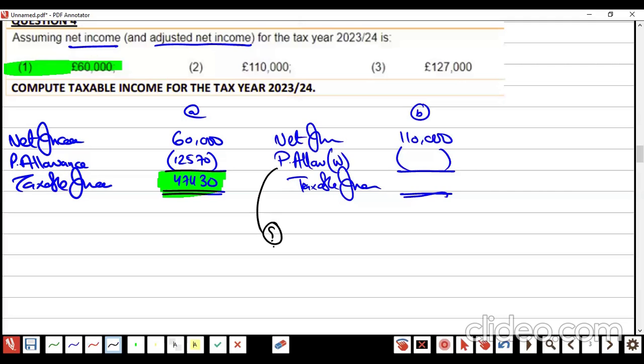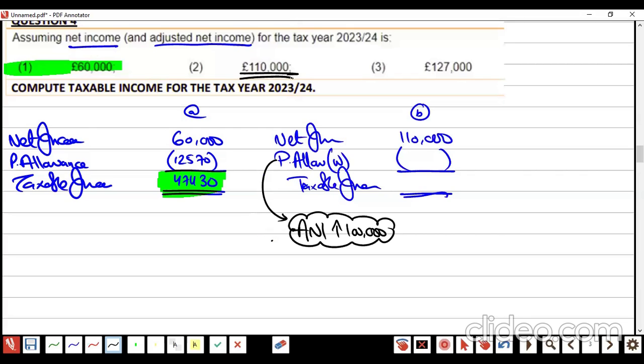We say, ANI is greater than 100,000, so be ready to reduce, right or wrong? ANI is 110, correct? One thing, I will ask you something and it is going to develop a formula. Tell me, is the full personal allowance available now? Ideally, yes.